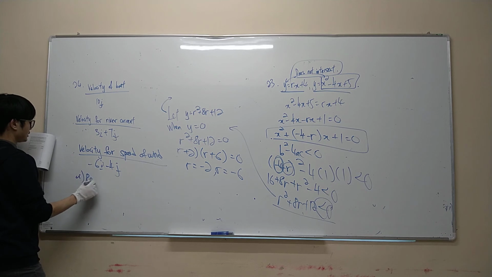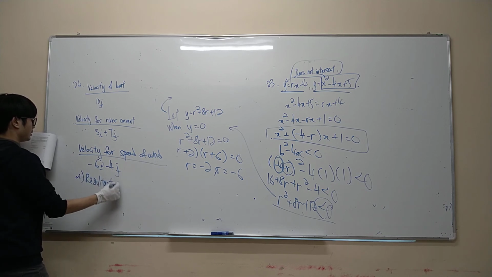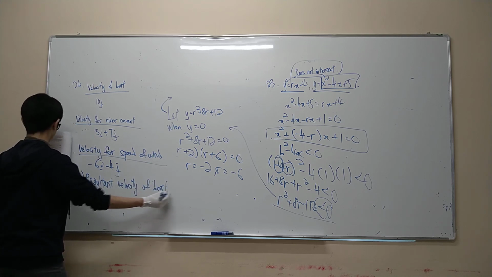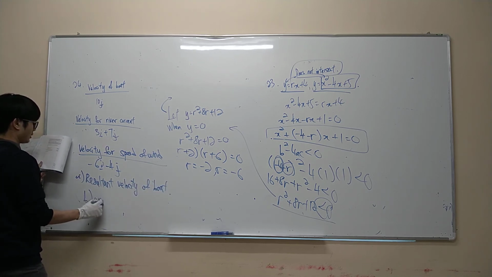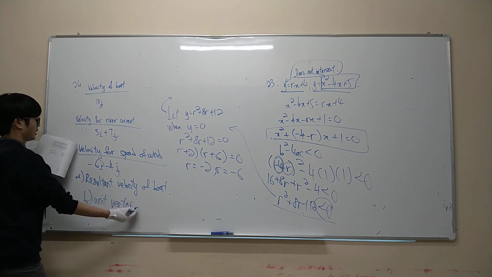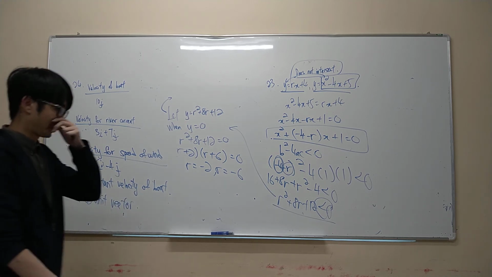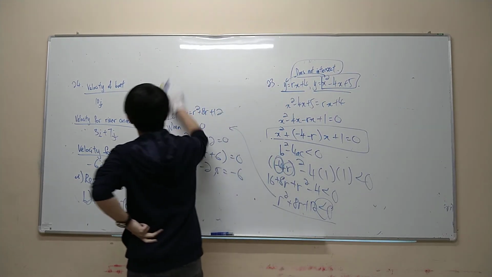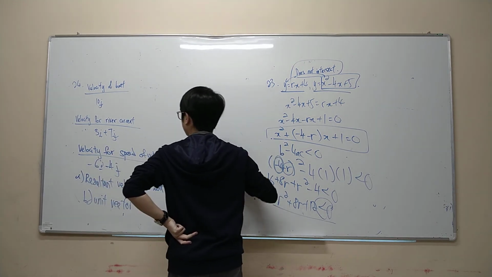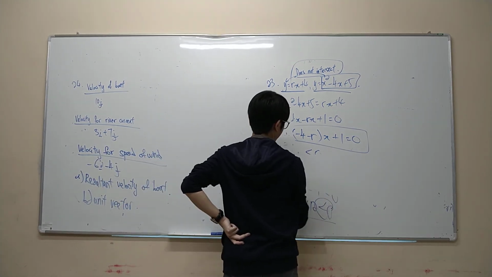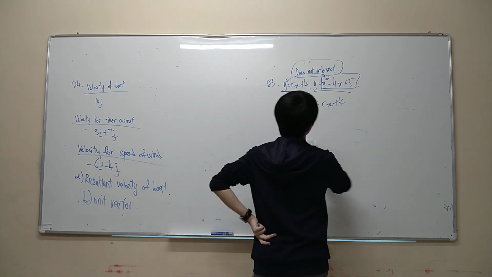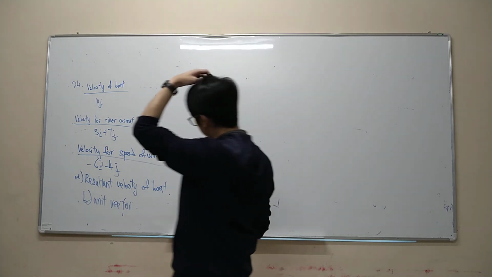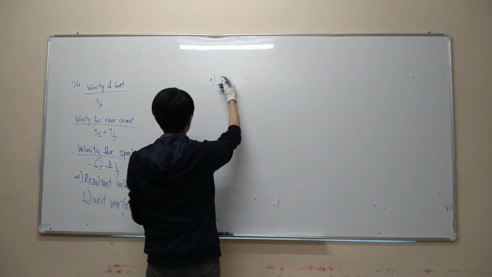A, resultant. Okay, this is the question. Okay, so now what? Okay, A, they want to find the resultant velocity of the boat.